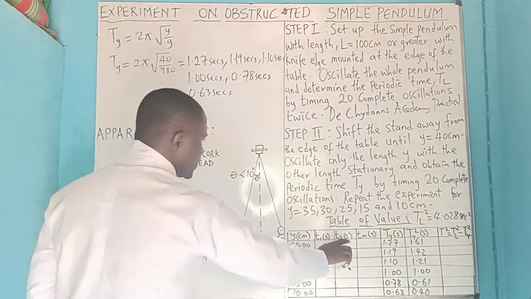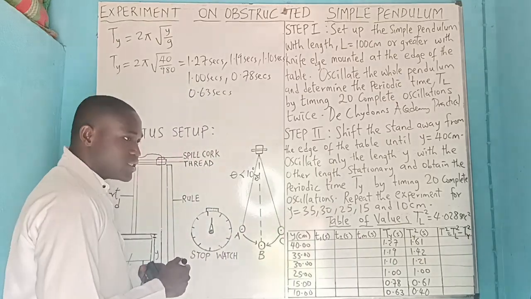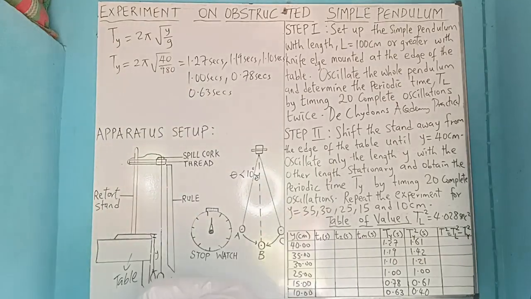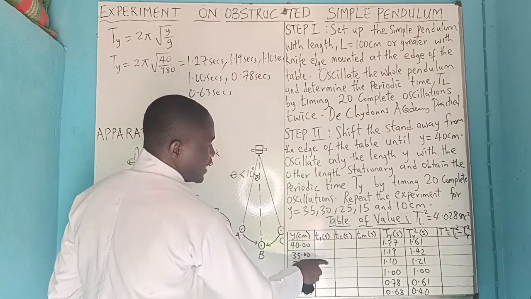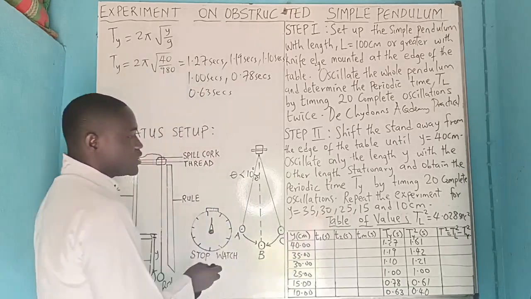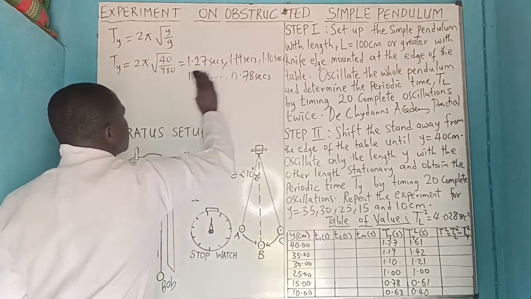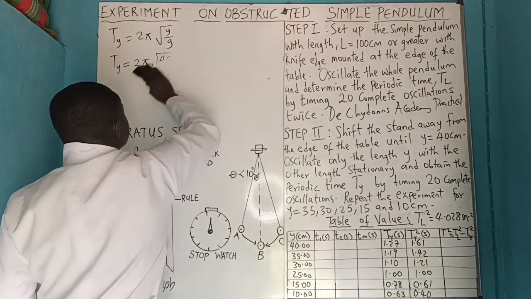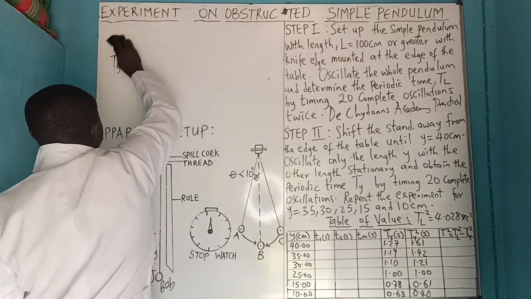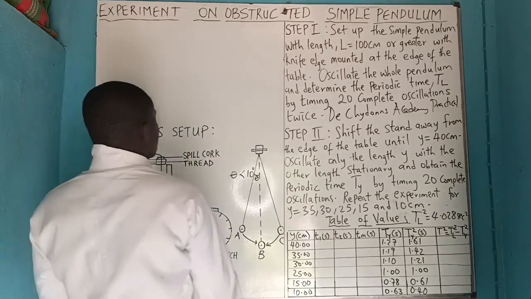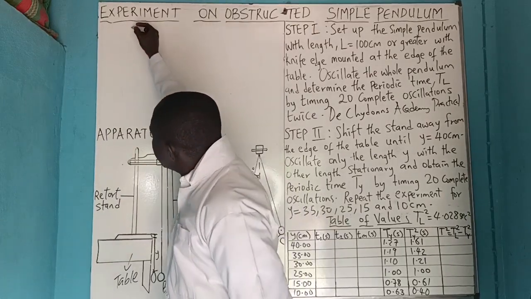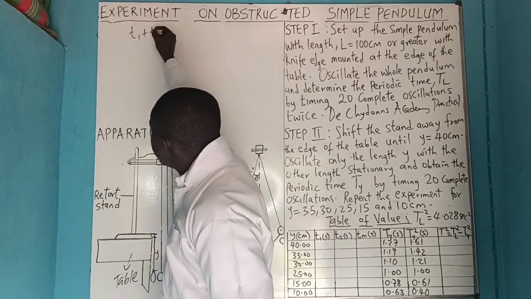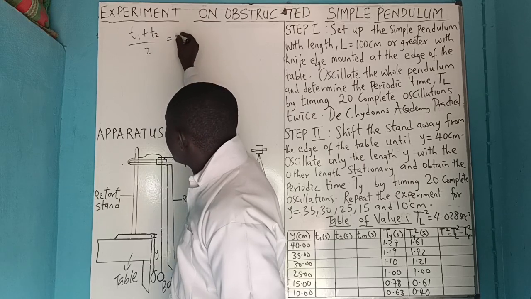But you can see this Tm. This Tm is the mean of the time you got for T1 and T2, the mean of their time. Okay, so look at how to get it. You tell them that T1 plus T2 all over 2 is equal to Tm.